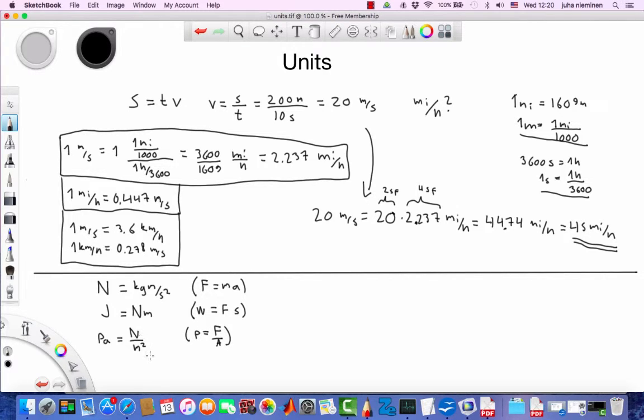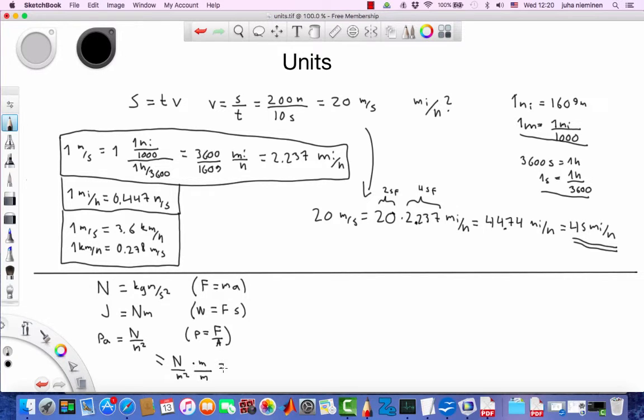But we can, of course, express all these units in different ways. So as an example, let's continue from here. Let's multiply the units of pascals by 1 meter, and then divide also by 1 meter. So what we are doing here is we have newtons per meter squared. So we multiply by meter and divide by meter, so we are not violating anything.